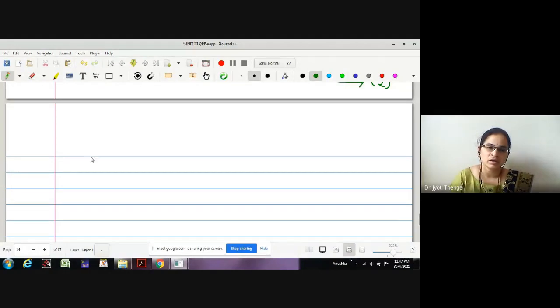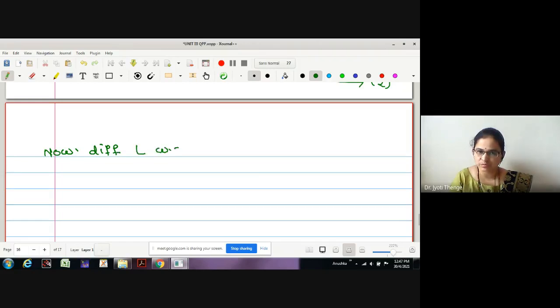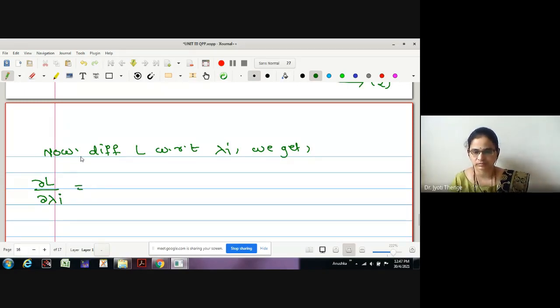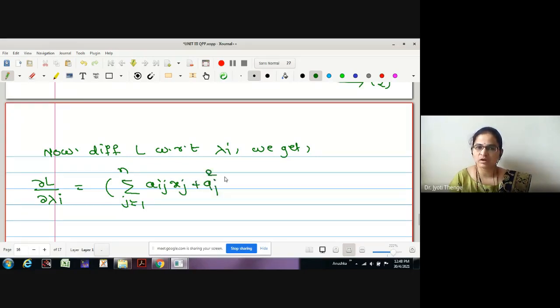Now differentiate L with respect to lambda i. What do we get? Summation j equals 1 to n aij xj plus qi square minus bi, equated to 0.